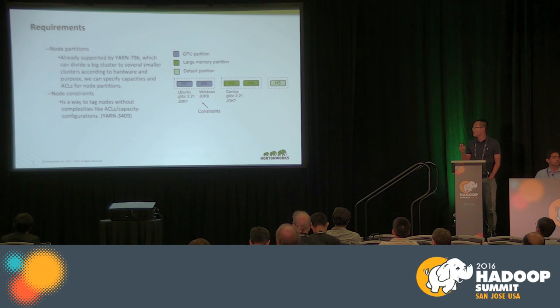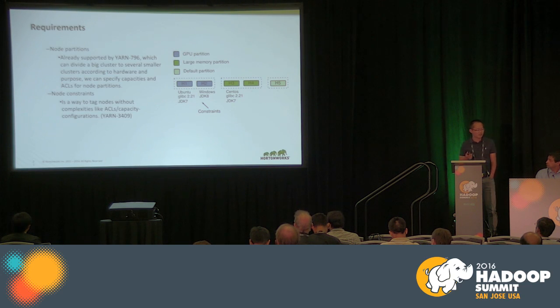In the example on the right, host 1 and host 2 belong to the GPU partition, and host 3 and host 4 belong to what we call the large memory partition, which has larger memory than other nodes. Host 5 is just the default partition.